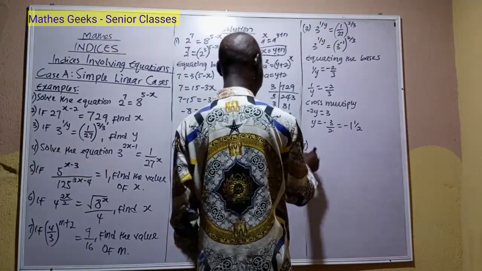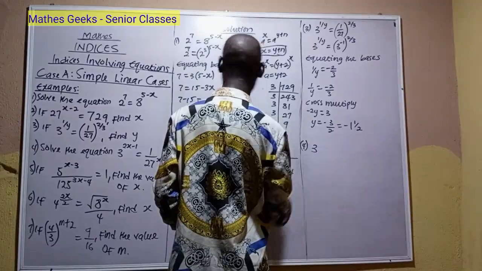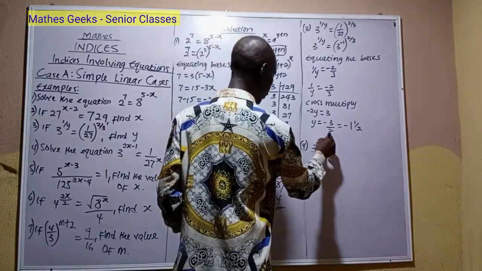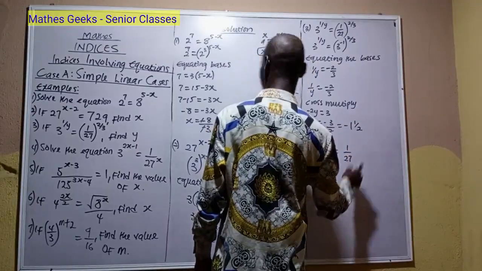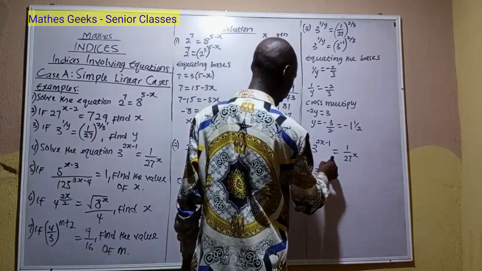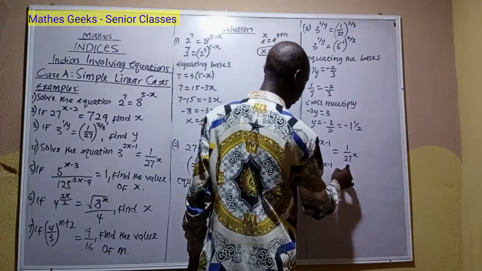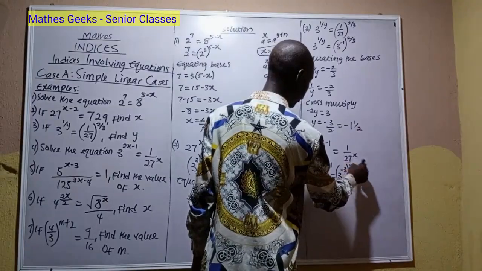Number 4. Solve the equation 3 raised to 2x minus 1 equal to 1 over 27 raised to x. 3 raised to 2x minus 1 is equal to 3 raised to minus 3 raised to x.